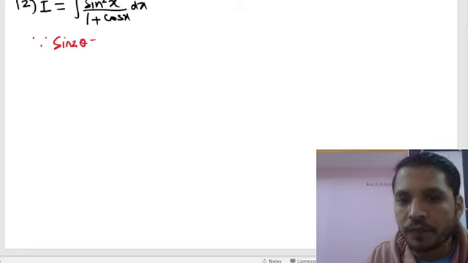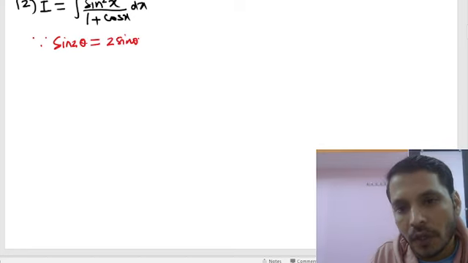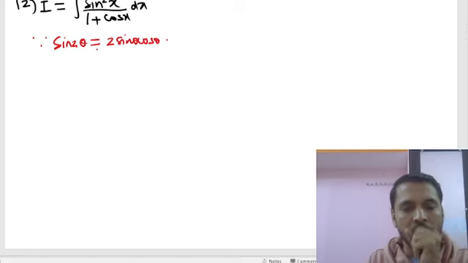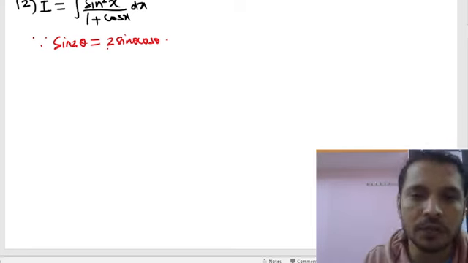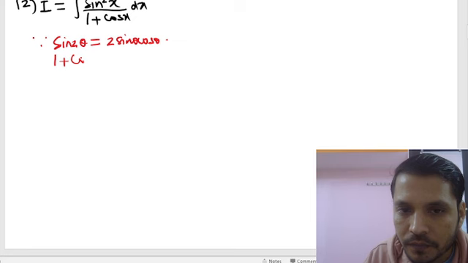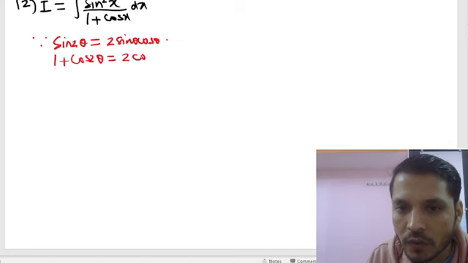Sine 2 theta is equal to 2 sine theta into cos theta. So we can replace the numerator sine x with this formula, and for the denominator we know that 1 plus cos 2 theta is equal to 2 cos square theta.